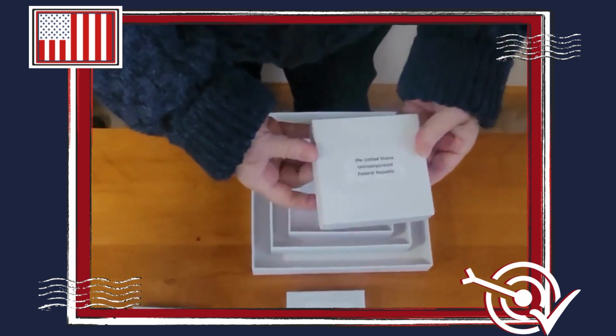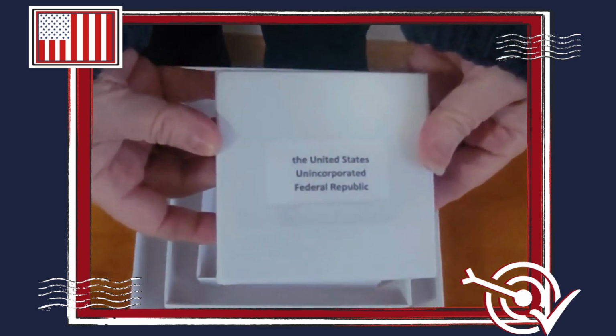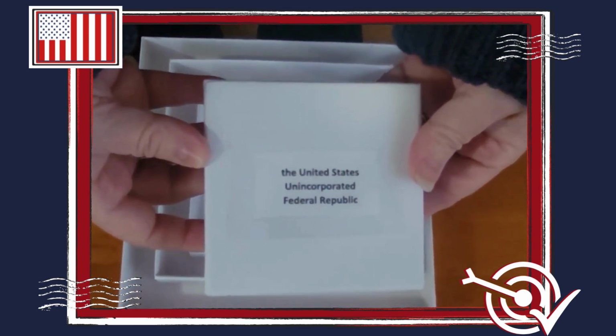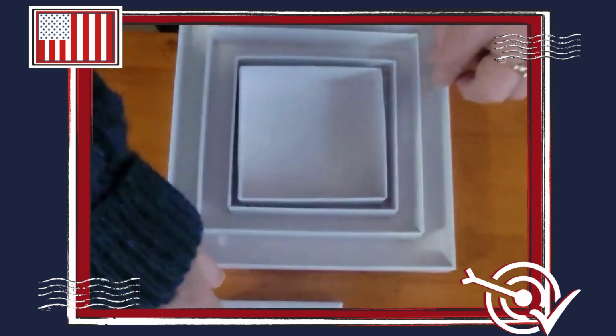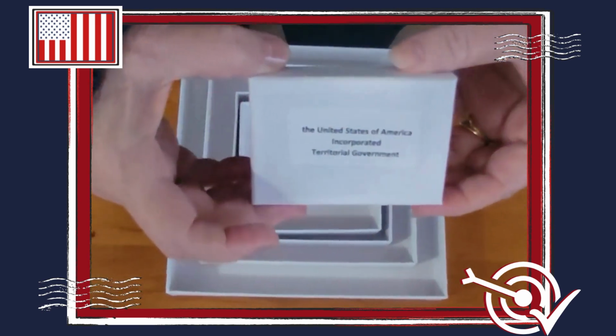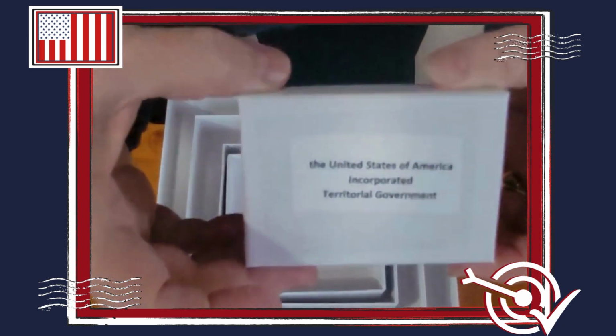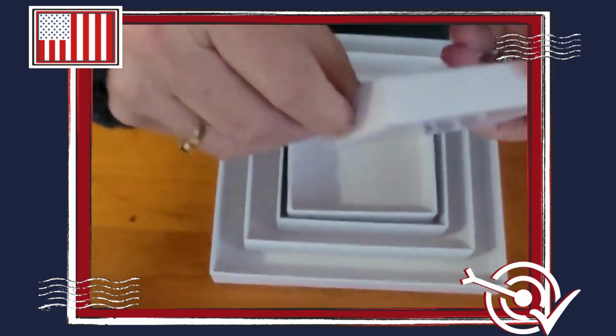And now we're going to add the federal entities. So we're going to add first the American Federal Republic. Then we're going to add the British Territorial affiliated government.